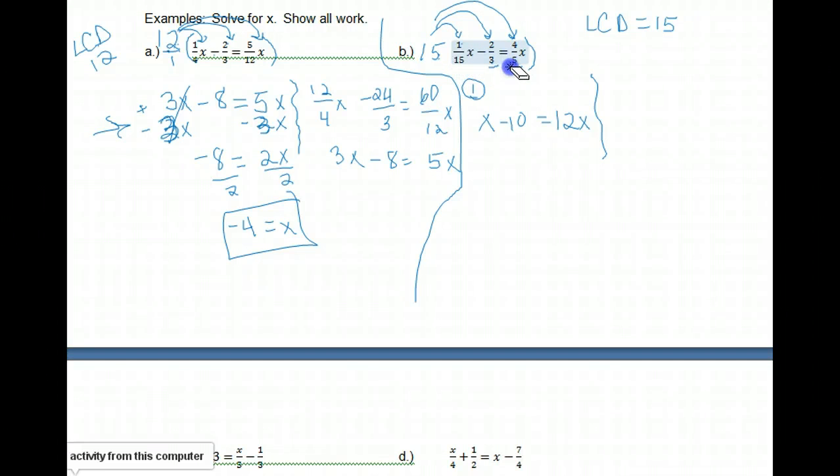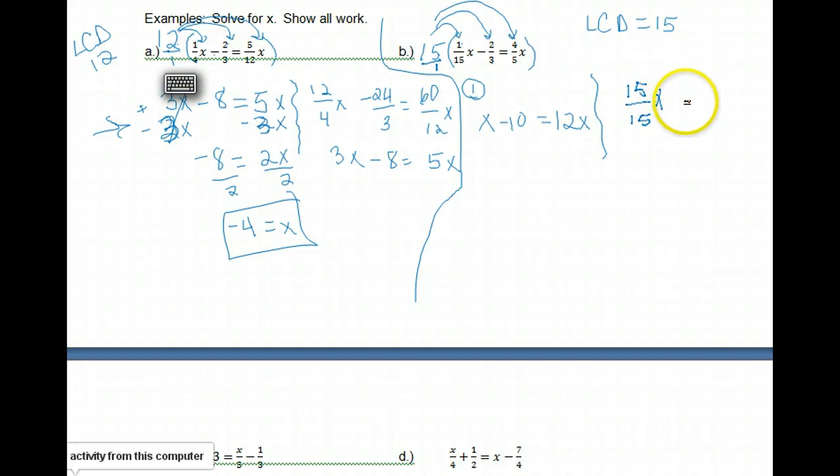Now let me show you if you wanted to use the straight multiplying method. Okay, remember that's a 15 over 1. So we're going to straight multiply. 15 times 1 makes 15. 1 times 15 makes 15. And that's an x term. Now we're going to multiply 15 to the 2/3.